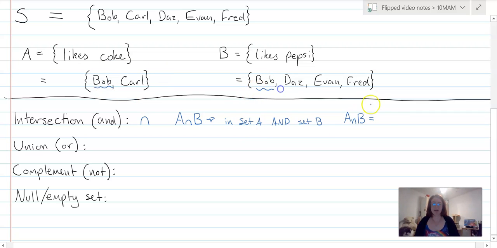Bob is in both sets, so this set would just be Bob, because he falls into both sections.